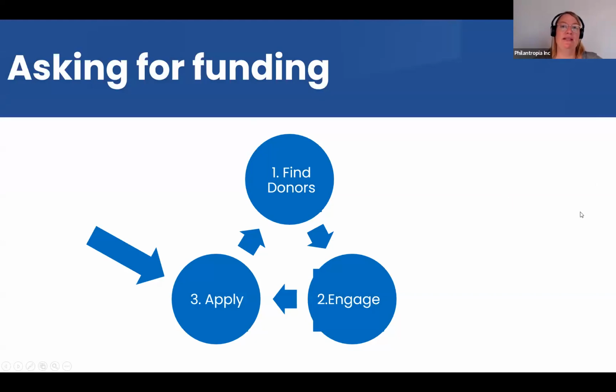We've been talking about this cycle a lot in the last days, and today we've actually reached the third step. Yesterday we talked about the differences between a proposal and a concept note.